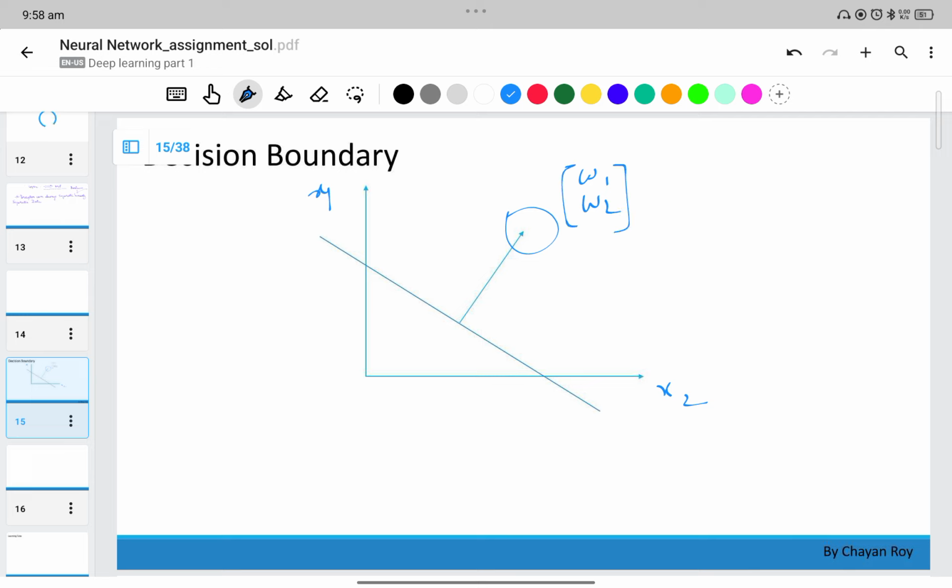Let's say this is our data point 1 and this is our data point 2. So the vector from 1 to 2 is like this, and the decision boundary vector w will always be perpendicular. So we get this straight line. The straight line has a normal that will be this vector w1, w2, and it will always be perpendicular to the decision boundary.